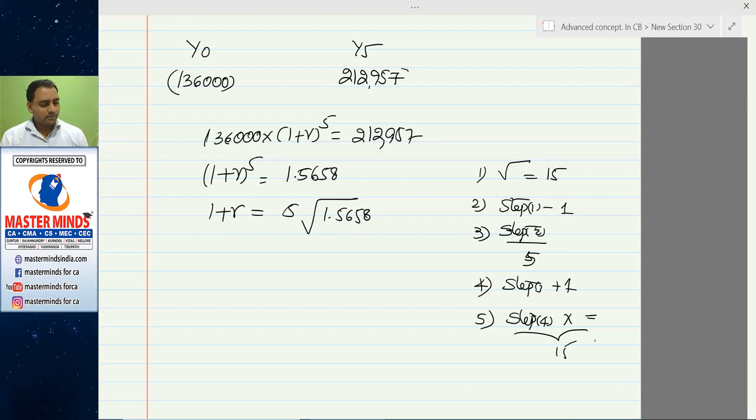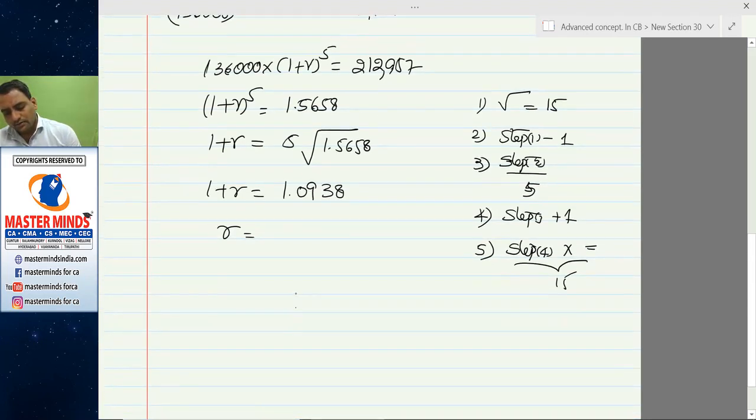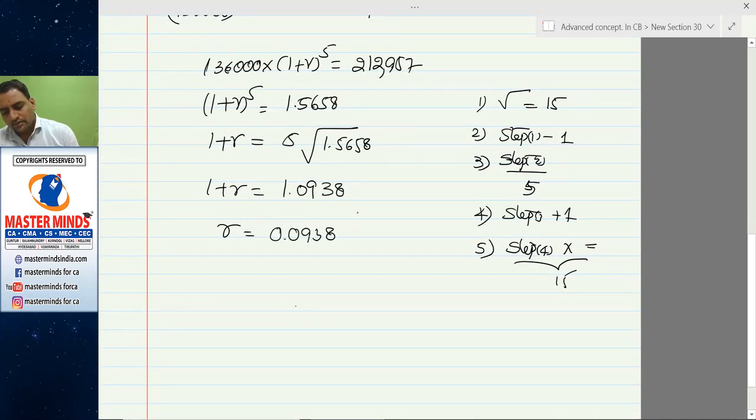So 1 plus R is equal to 1.0938. R is equal to 0.0938 or 9.38%. This is how modified IRR is computed.